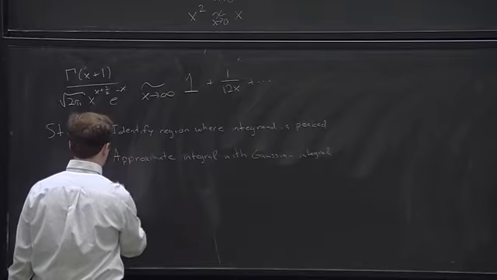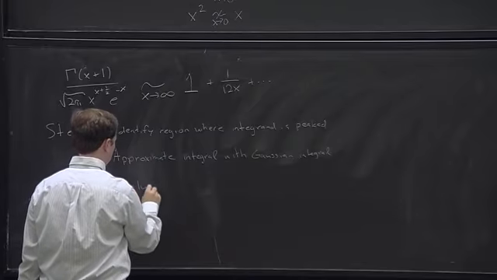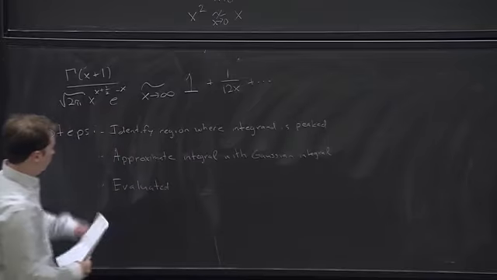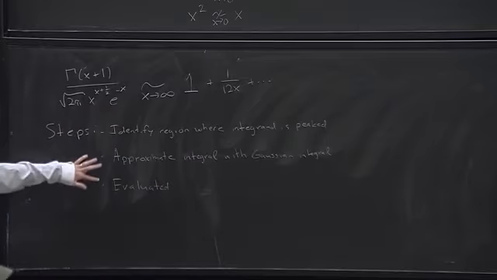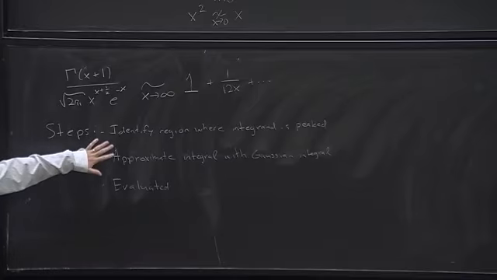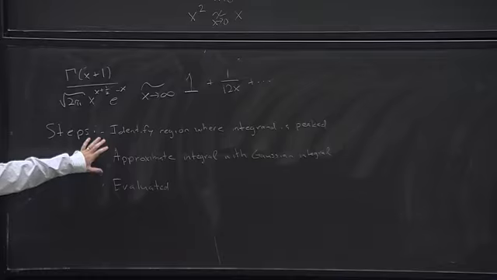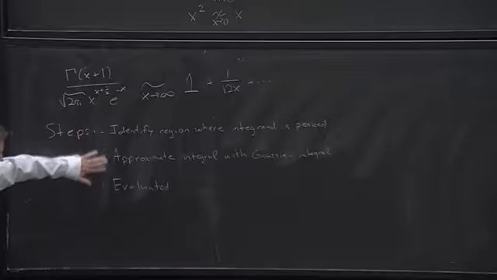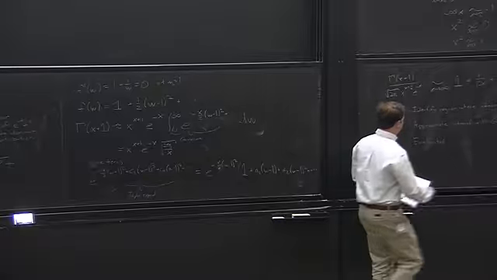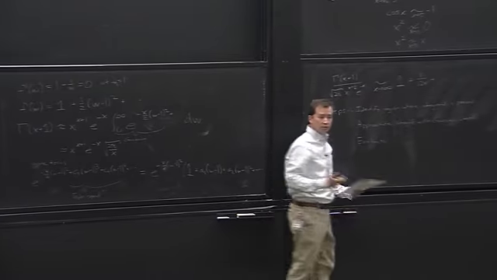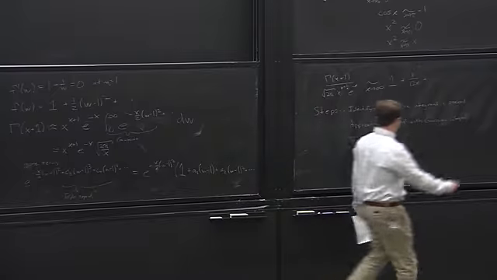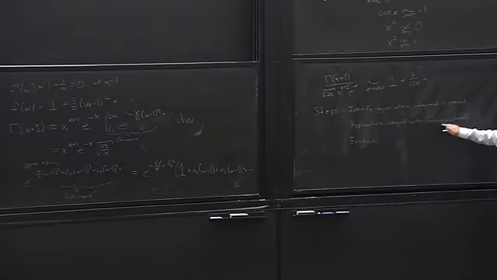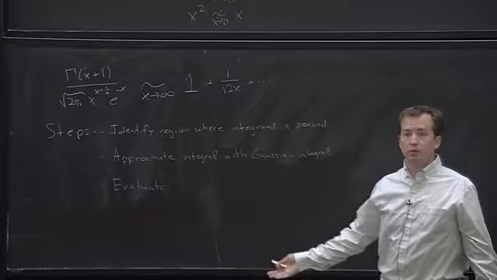And we evaluated. Each of these steps will get slightly more involved, but I want you to have an idea of the general picture of what we're going to do, both in lecture tomorrow and in tutorial tomorrow, as well as in the quantum field theory courses. It's generally the same thing. The reason we approximate with Gaussian integrals is because these are basically the only types of integrals we can evaluate.